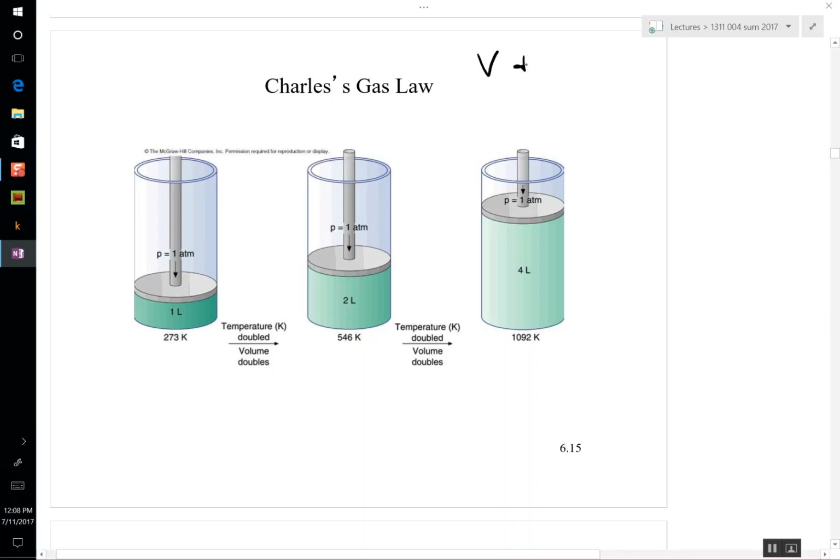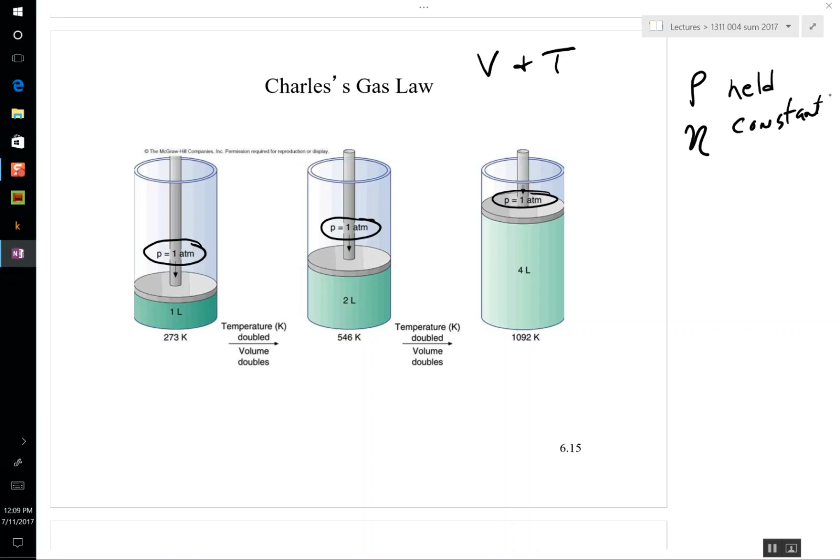Charles looked at volume and temperature. And you notice here that pressure is always at 1 atmosphere in this Charles' law demonstration. Pressure and the amount of gas are held constant. So each of these men, Boyle and now Charles, looked at 2 variables holding other things unchanged.